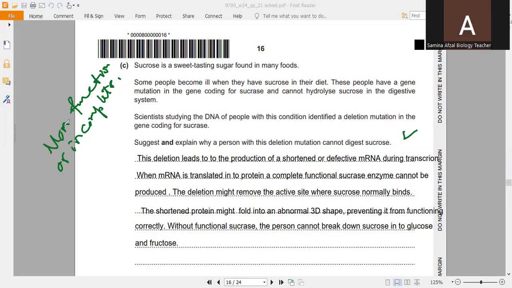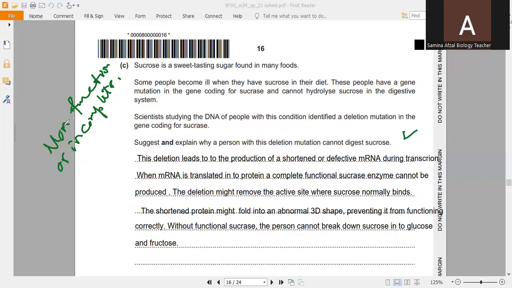That is why the person is not able to digest the food, because the sucrase enzyme is produced as non-functional or incomplete. So it will not work properly. It will not help to digest the sucrose into basic components, which are alpha glucose and fructose. I have written all this explanation.